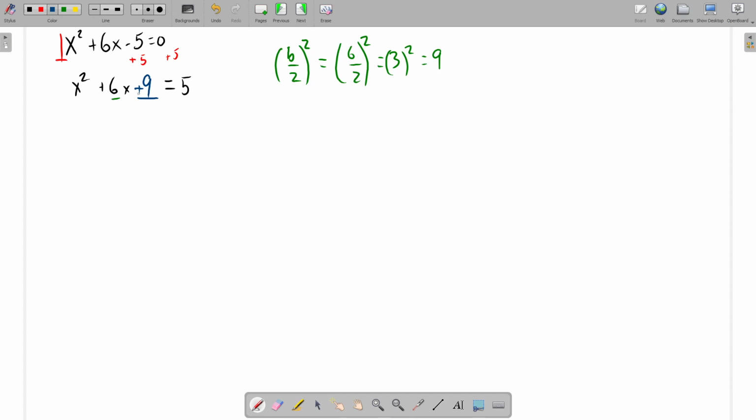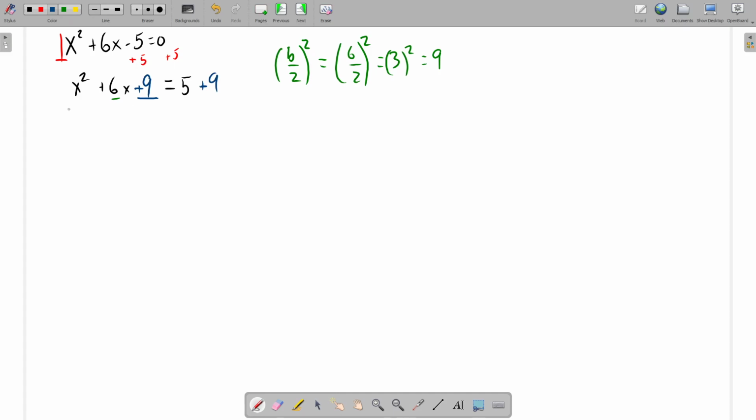Now I can't just put 9 on one side of the equals. If you think of this equation as a scale, if you add 9 to one side of the scale, it's no longer balanced. So to keep this equation balanced, I need to add 9 to this side of the equation as well.